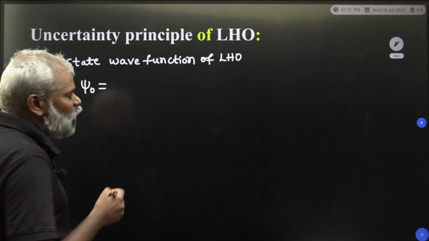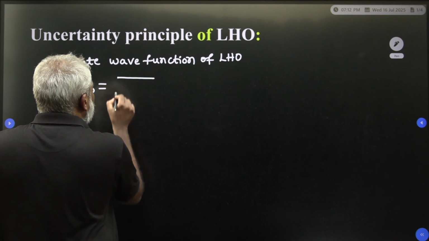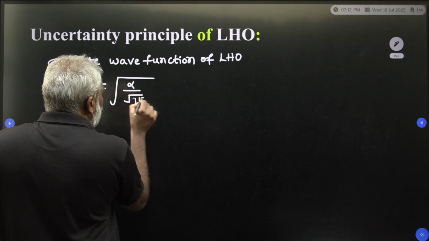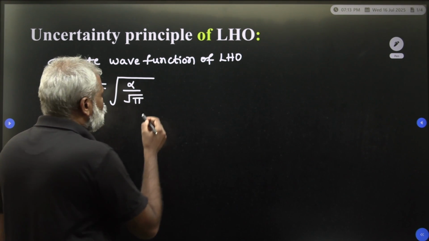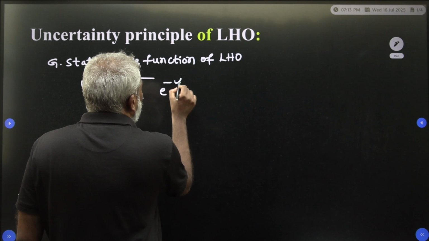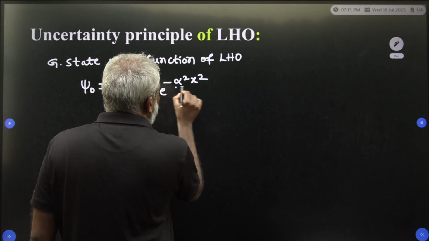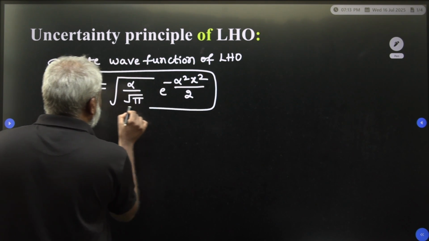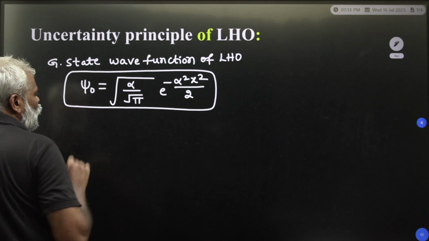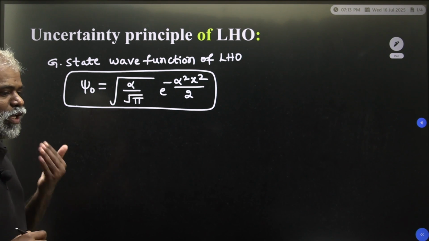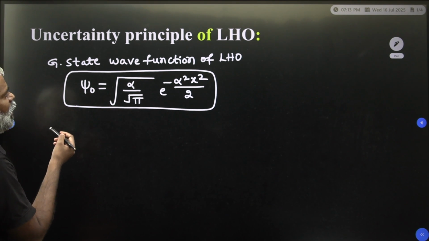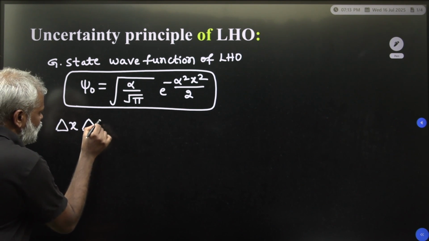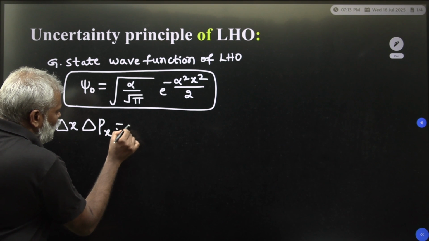Psi 0 is equal to, as we derived this morning, square root of alpha by root pi into e to the power of minus alpha square x square by 2. This is the ground state wave function of a linear harmonic oscillator. Clear? We need to calculate the uncertainty principle, delta x and delta px, using this wave function.